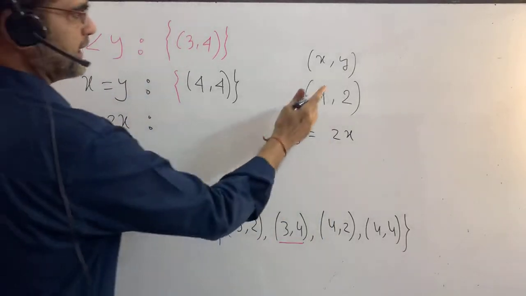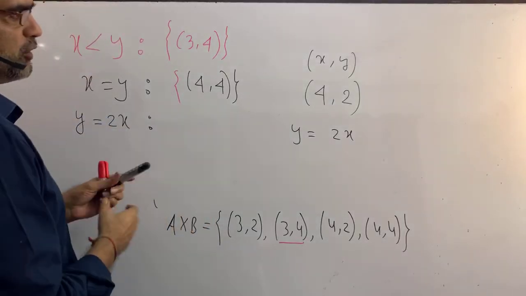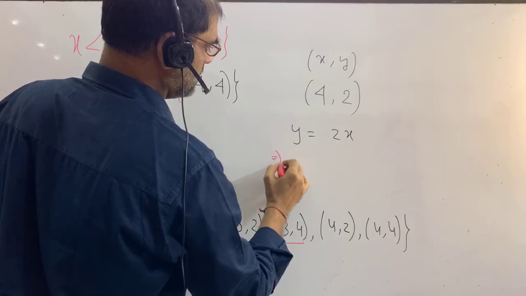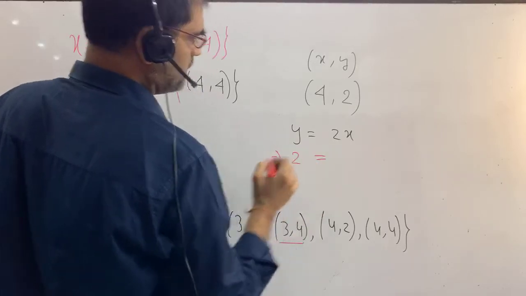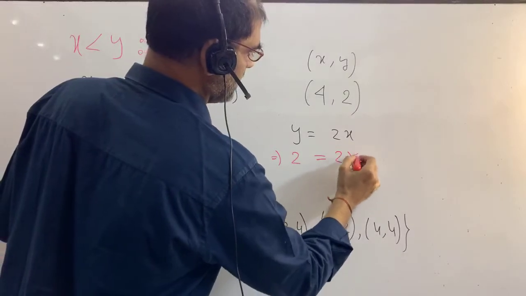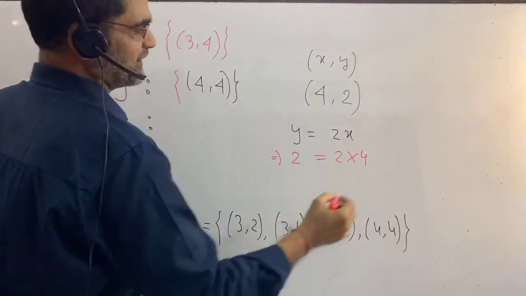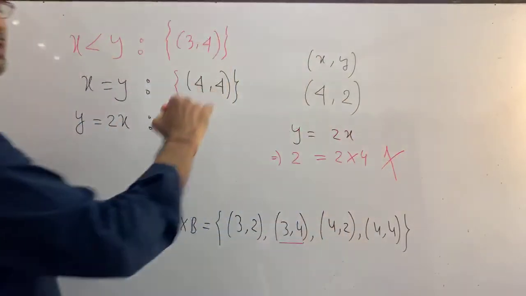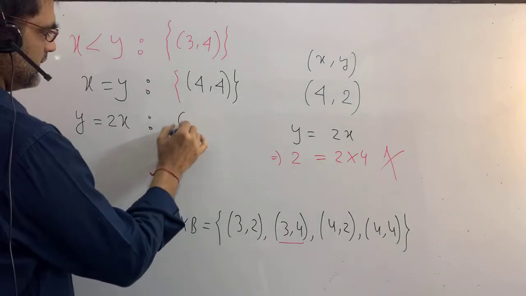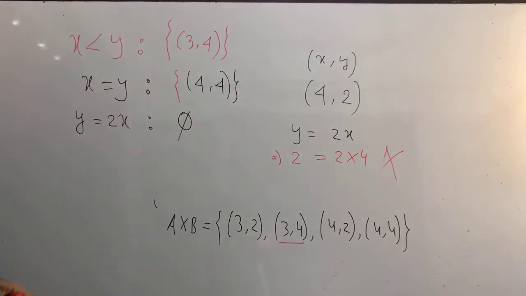What is the value of y here? Here y is 2. Write down. What is the value of x here? X is 4. But we are not getting the answer, right? It is wrong. 2 cannot be equal to 4. So actually for y equals to 2x, our answer will be empty set.